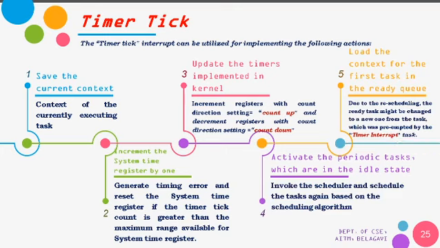The next action is to update the timers implemented in the kernel: increment registers with count direction set to count up, and decrement registers with count direction set to count down, and activate the periodic tasks which are in idle state. Then invoke the scheduler and schedule the tasks again based on the scheduling algorithm, and load the context for the first task in the ready queue. Due to the rescheduling, the ready task might be changed to a new one from the task which was preempted by the timer interrupt task.